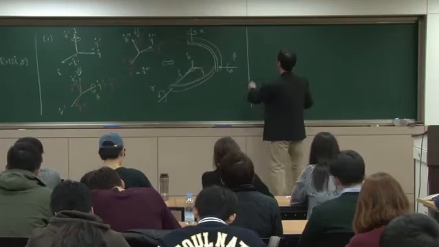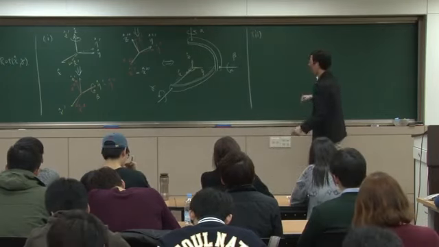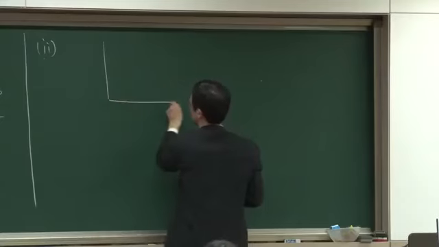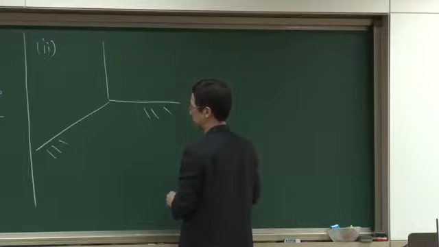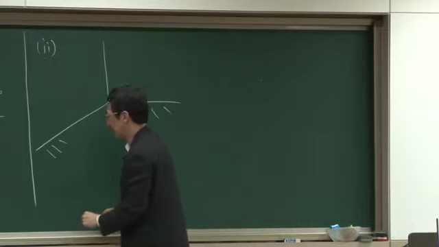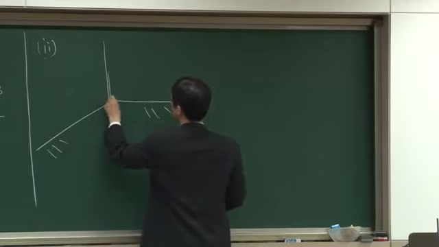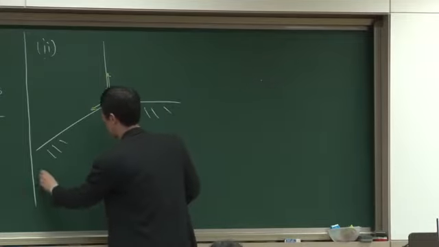The other interpretation that I showed you last time is the following. So let's draw a fixed frame first. Here's a fixed frame. Now let me draw a frame here. And this is the fixed frame.